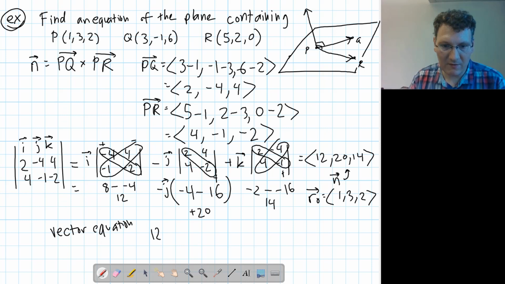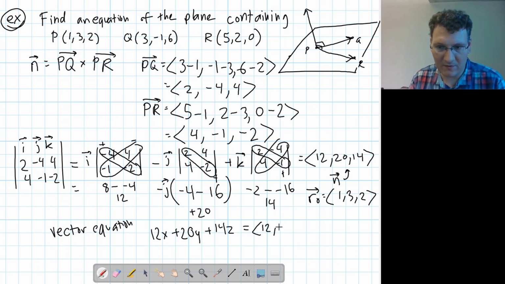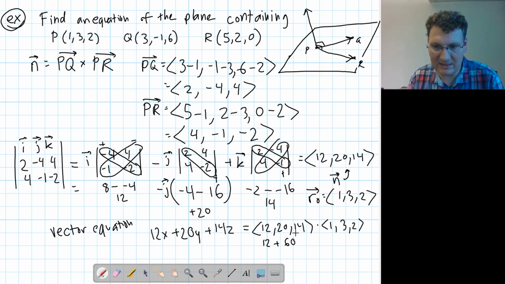We have 12x plus 20y plus 14z, and then on the other side of the equation, we can have the dot product of n, 12, 20, 14, dotted with the 1, 3, 2, which if we work that out, we have 12 plus 60, that's 20 times 3, plus 28.